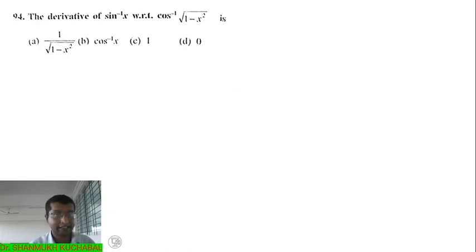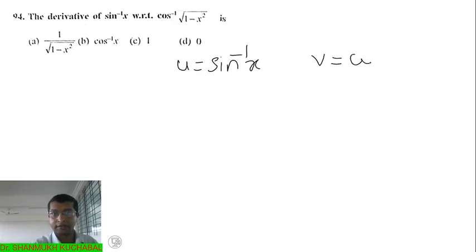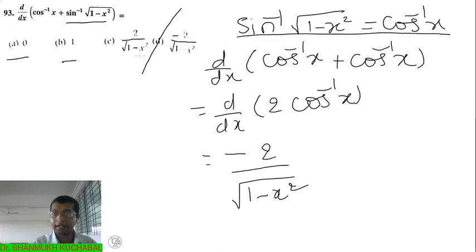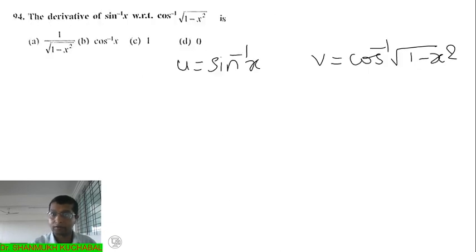We'll move to the next example: the derivative of sine inverse x with respect to cos inverse of root of 1 minus x square. Here we take u equal to sine inverse x and v equal to cos inverse of root of 1 minus x square. Using the earlier relation, this is satisfied in reverse order also.